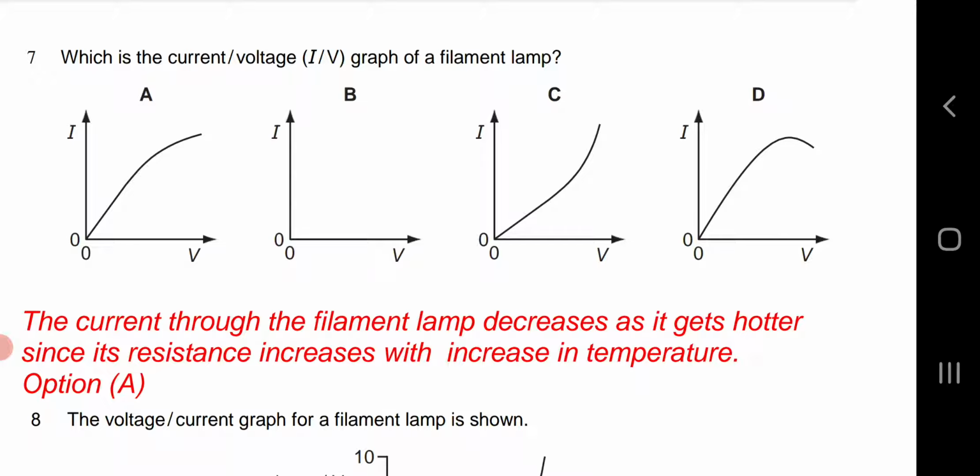The current through the filament lamp decreases as it gets hotter, since its resistance increases with increase in temperature. So you can see from all the graphs, the option A is the correct option.